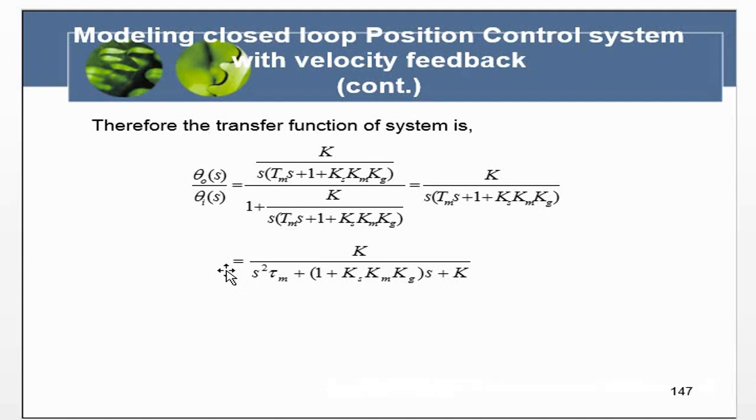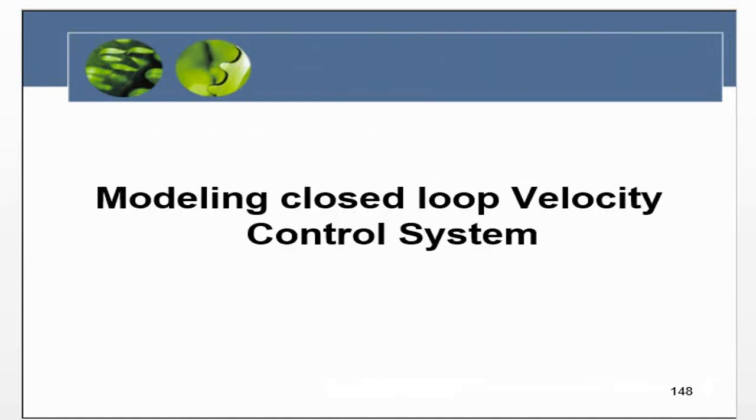Or we simplify it to become K per [S²Tm + (1 + KsKmKg)S + K].